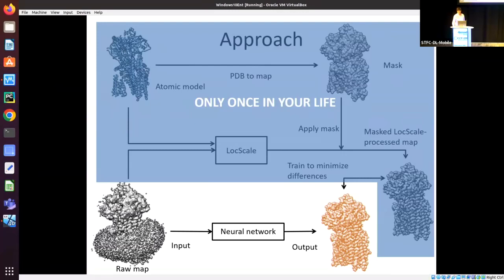The neural network has learned how to reproduce this kind of post-processing effect just using as input the raw maps. And this is the power of the approach. It has learned how to do a very complex post-processing, or something very similar to it, just using as input the raw maps.